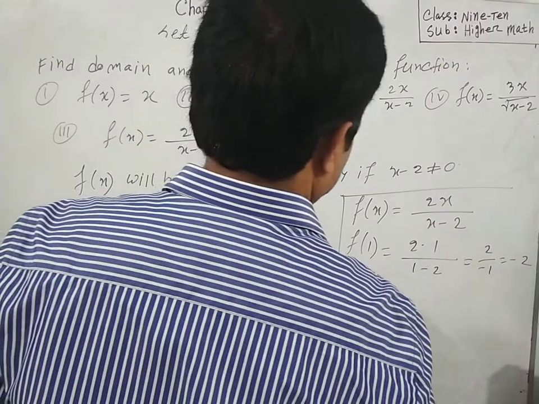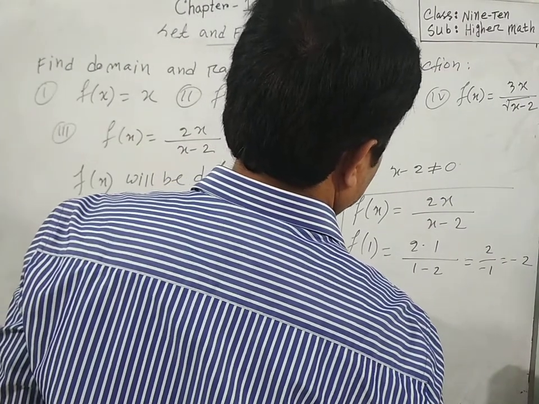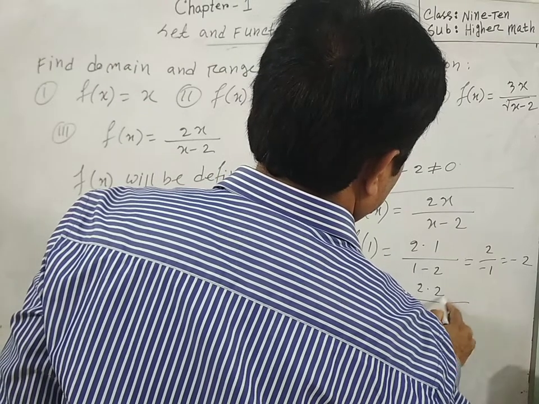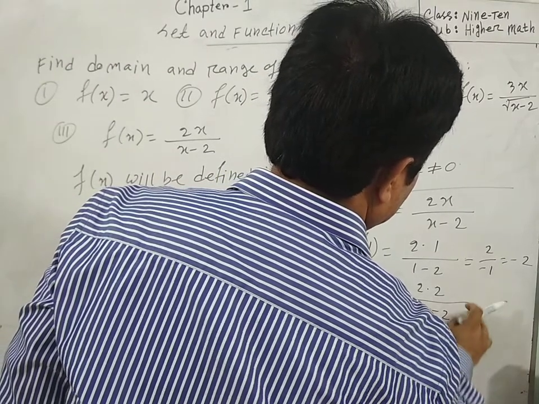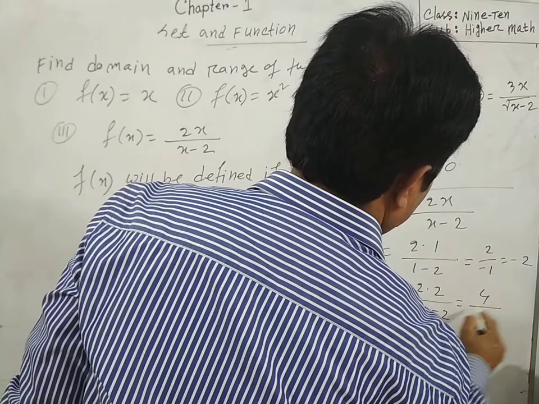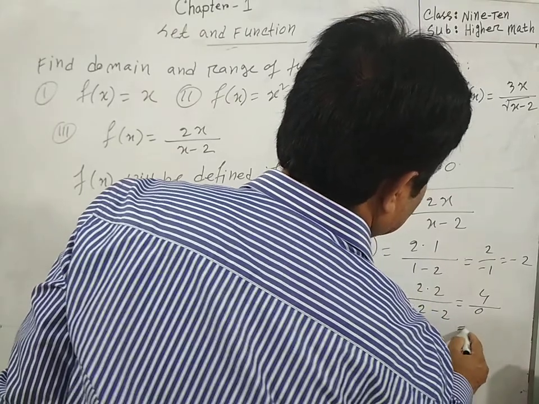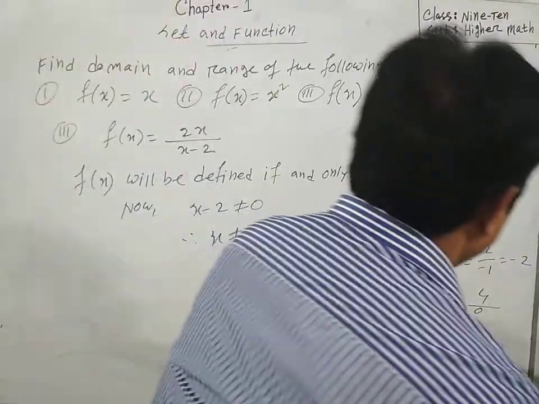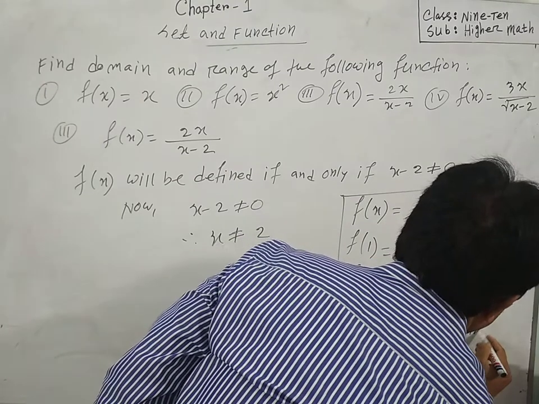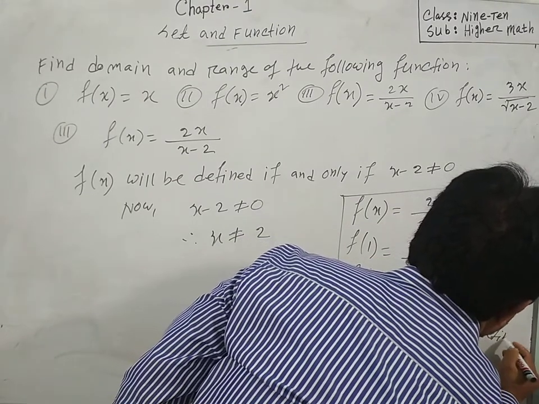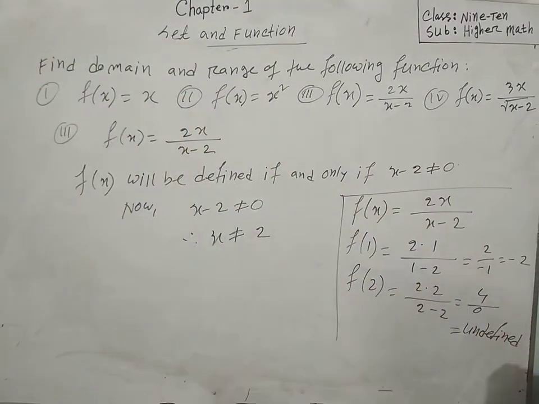When the value of x equals 2, 2 into 2 is 4, over 2 minus 2, which is 0. 4 divided by 0 is undefined.